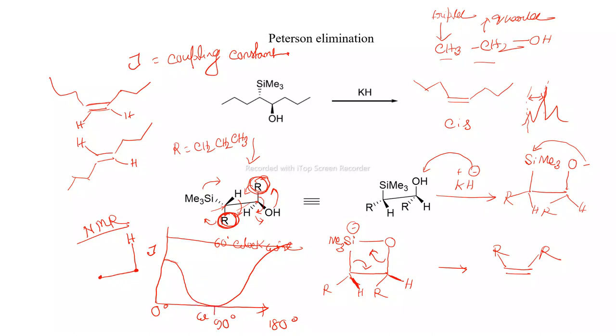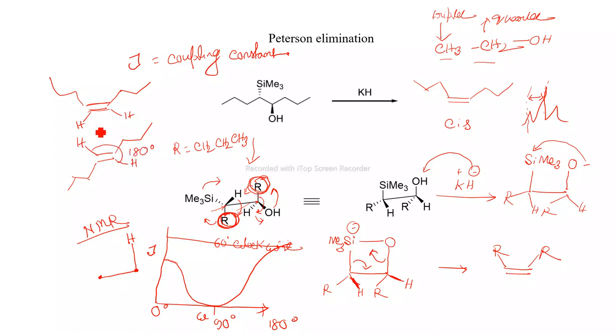If the angle between two hydrogens is 90 degrees, there will be no talking. That time the coupling will be 0, I mean no splitting will be observed. And at the 180-degree angle, the value will be maximum with respect to 0 also.